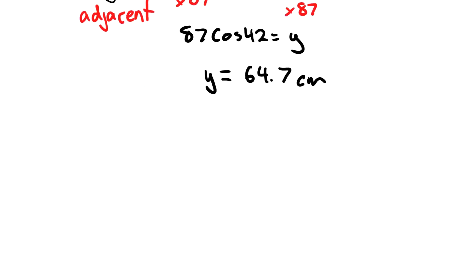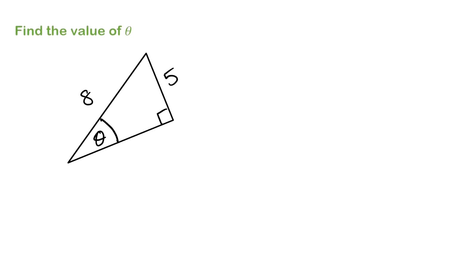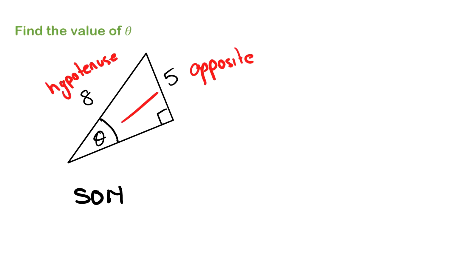Now the next one I'm going to look at is finding the angle this time. It's the same kind of procedure. The first thing we want to do is label our sides. If I draw a straight line, that's my opposite. This is my hypotenuse. Let me redo that.